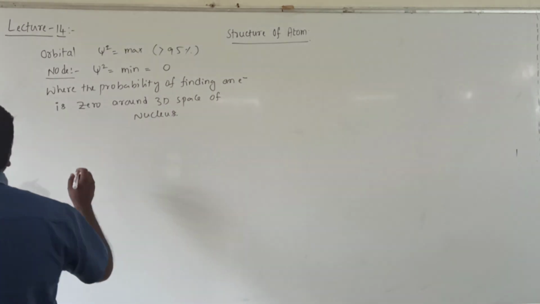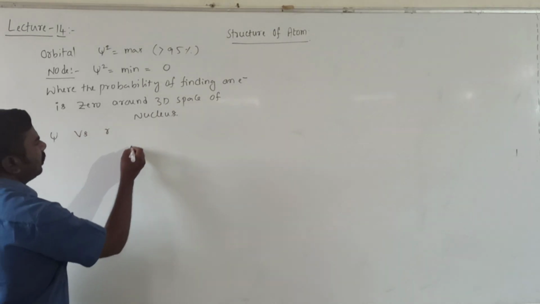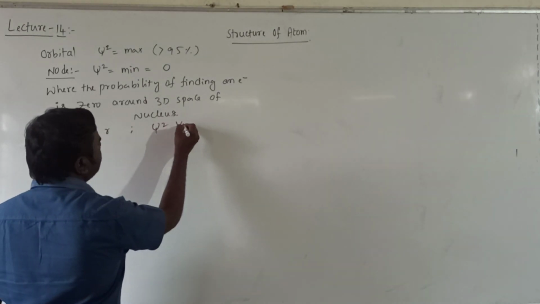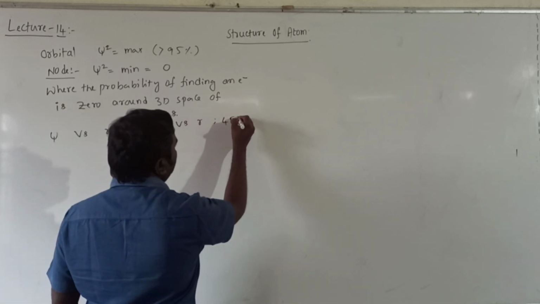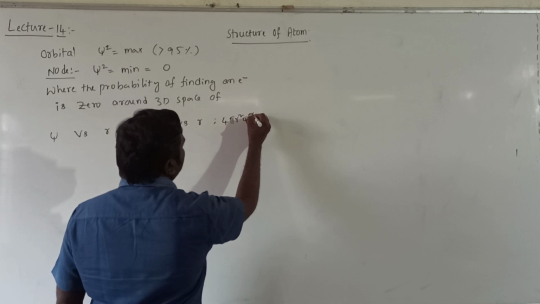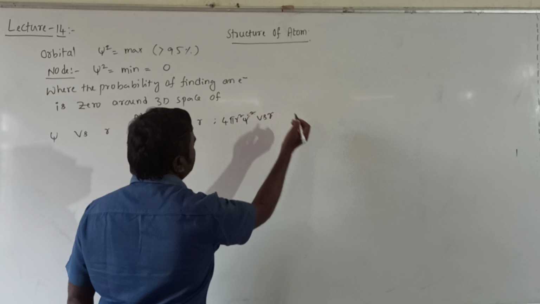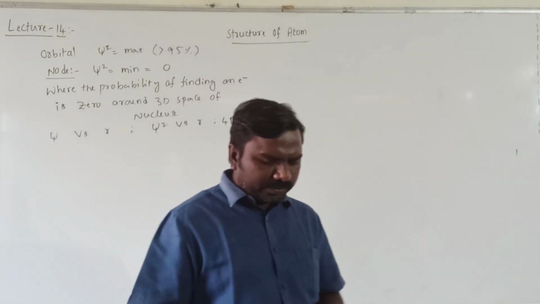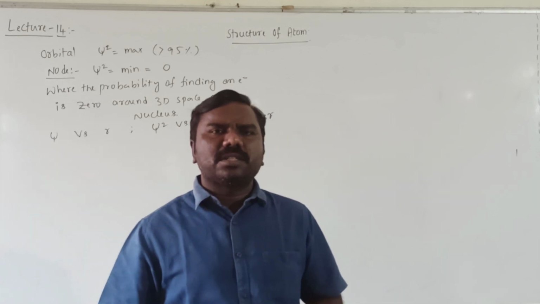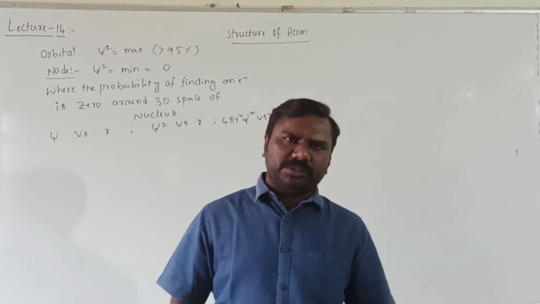The third is 4 pi r square psi square versus r. So these are the graphs required. Before drawing these graphs, we should know what the radial distribution function and the radial probability distribution function are.